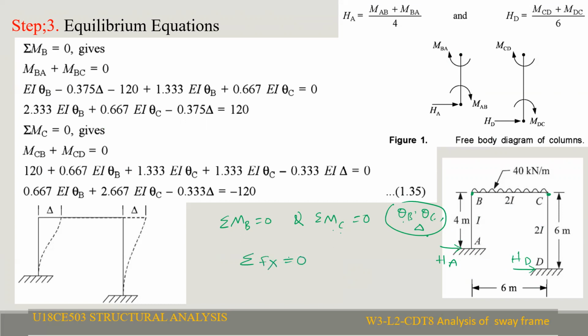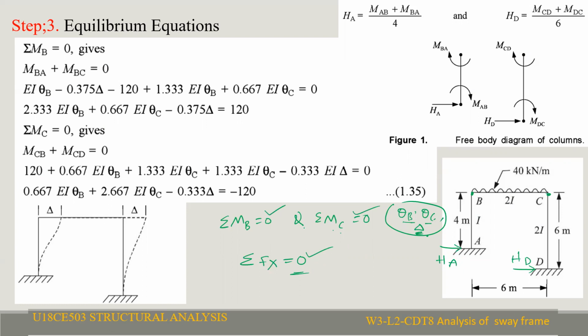So with these 3 equilibrium equations and 3 unknowns, we can solve easily. By using this concept, summation of moments at joint B equal to 0, summation of moments at joint C equal to 0, and summation of horizontal forces in the x direction equal to 0, we will get theta B, theta C, and delta.